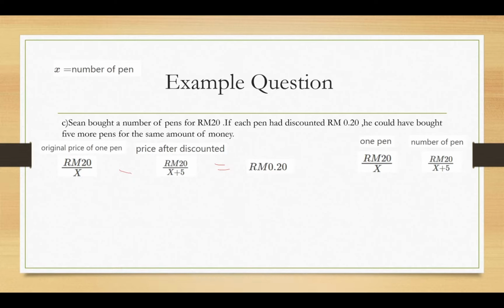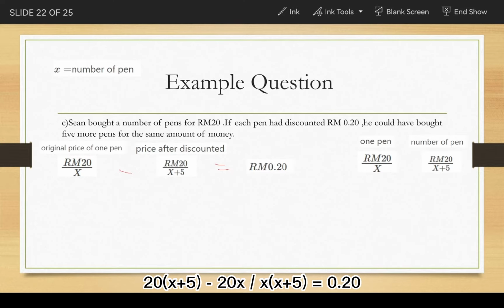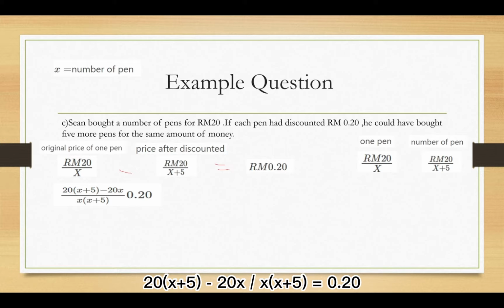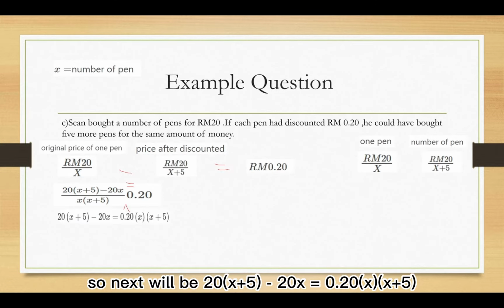Okay, so 20 times x plus 5 minus 20x divide x times x plus 5 equals to 20 cents. So next will be 20 times x plus 5 minus 20x equals to 20 cent x times x plus 5.